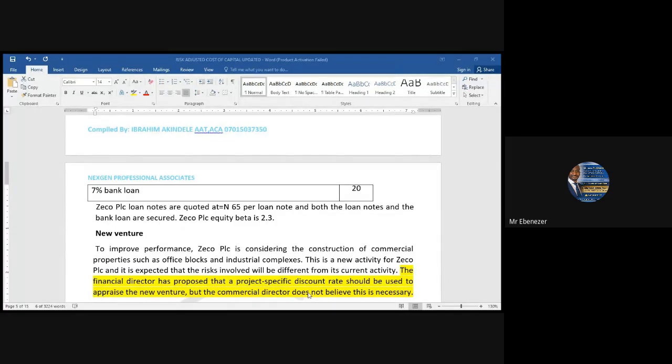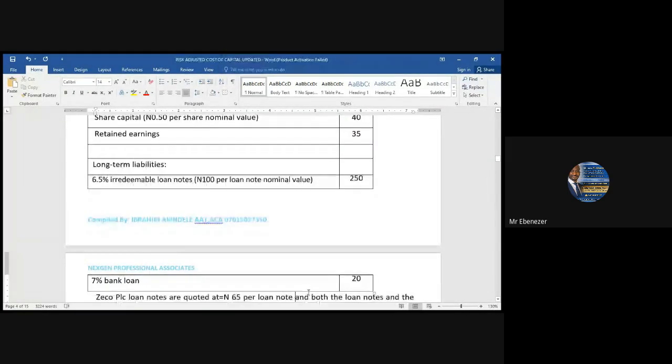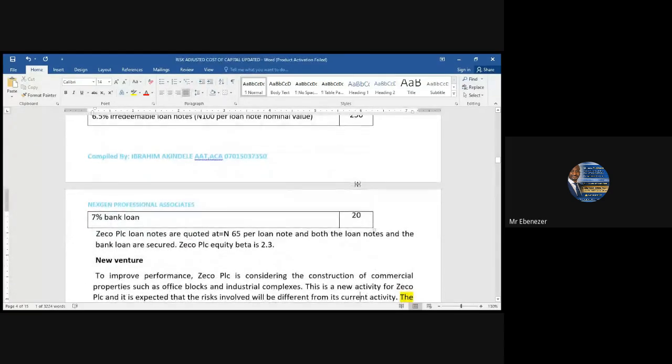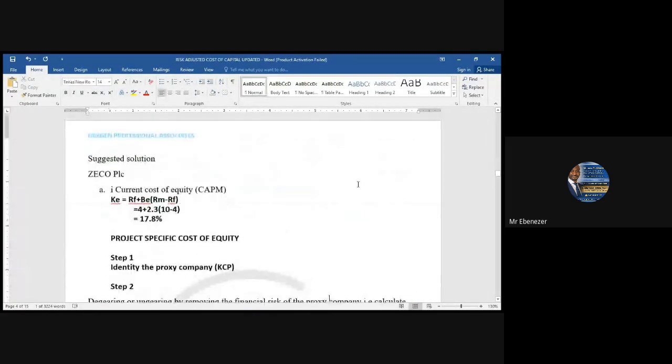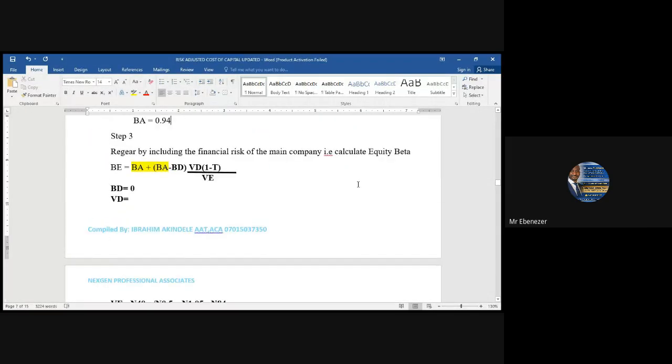Class, currently quoted, the price is 65 naira per loan note. The book value of the loan note is 250. The nominal value is 100. So what is the value?